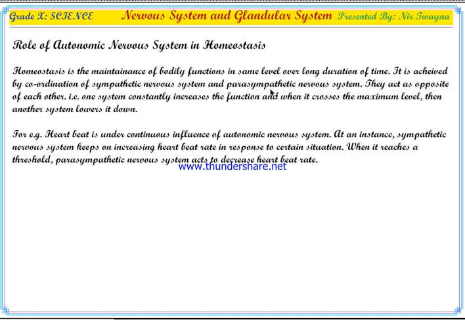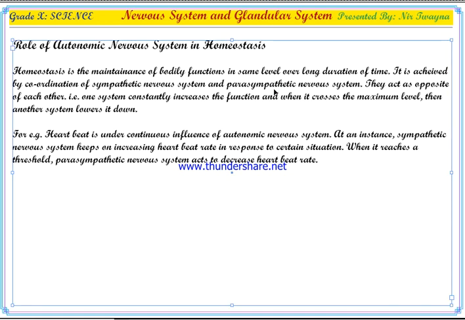And who does that? The parasympathetic nervous system. See, both the sympathetic nervous system and the parasympathetic nervous system are needed to maintain the normal functioning of your body. If any one of them is disabled, then you will not be able to survive.